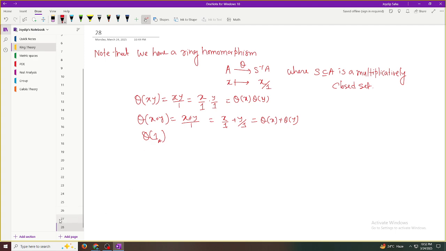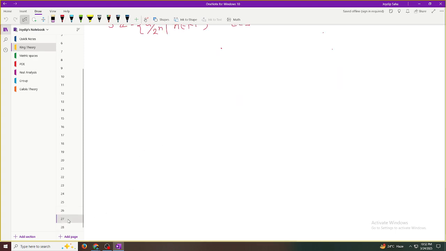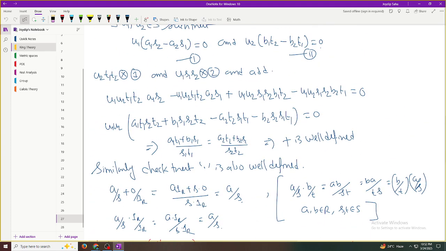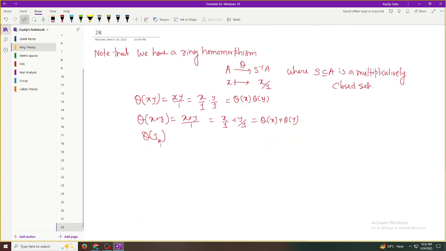So what was our ring, R or A? R. So I should write R, not A. What is the problem here?